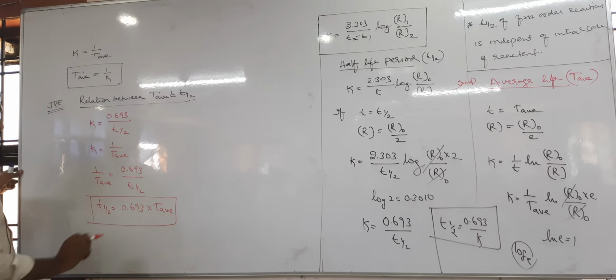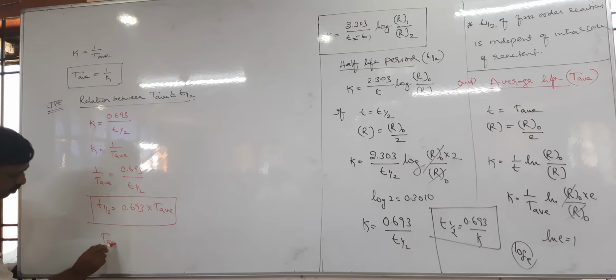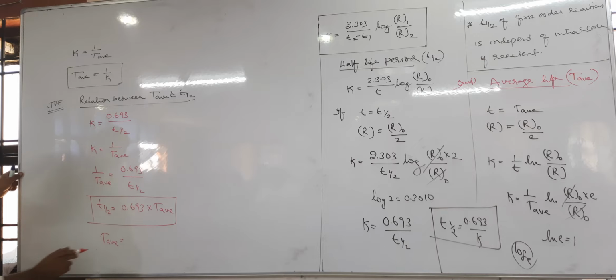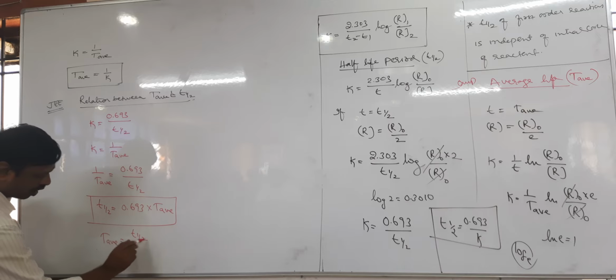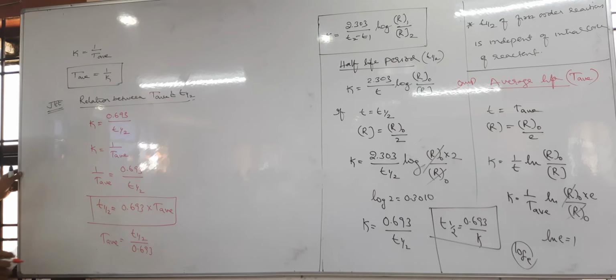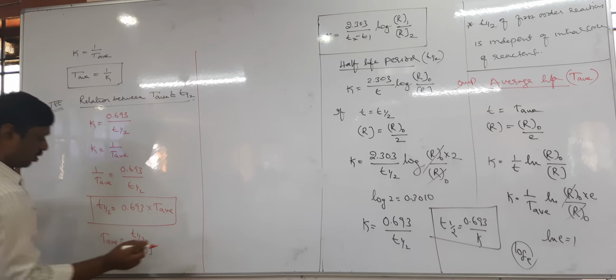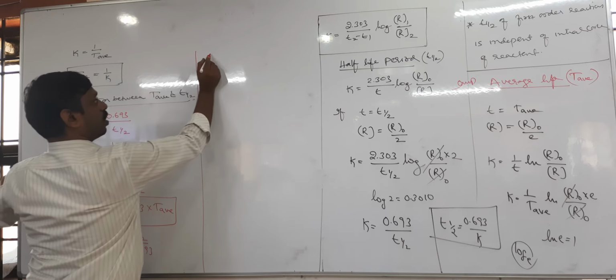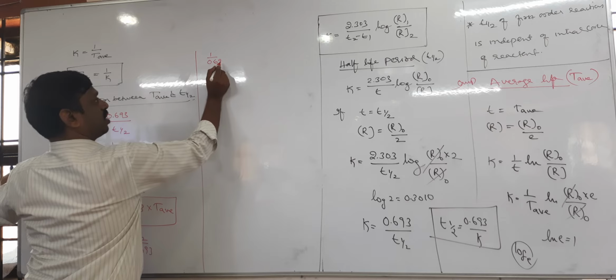One more: I want T average. T average equals T half by 0.693. So what is the value of 1 by 0.693?